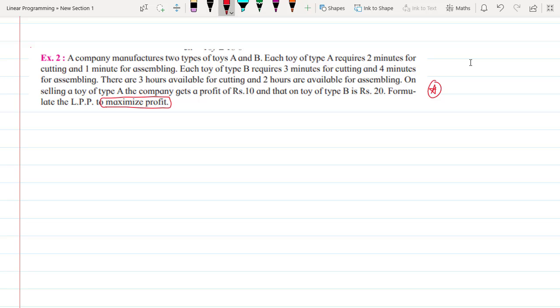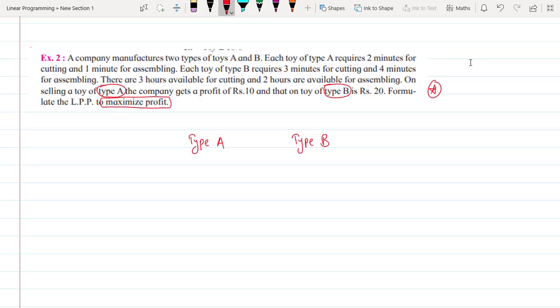What do you have to maximize? Where will you get the profit from? I get profit from type A toys and type B toys. So type A and type B become the decision variables. The number of these will decide the profit.